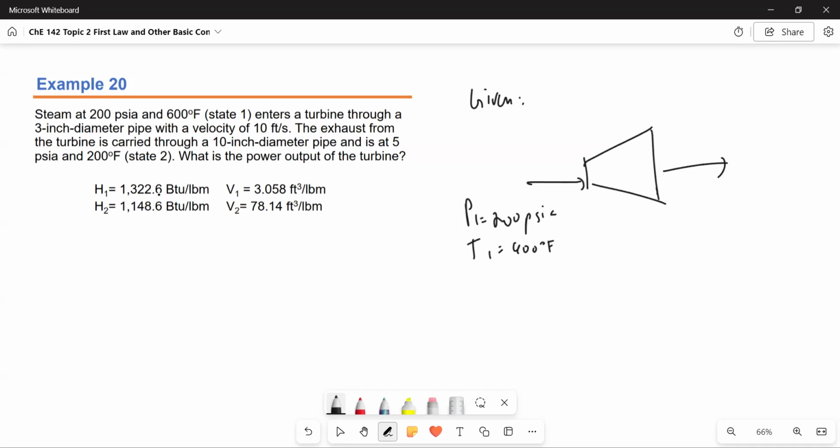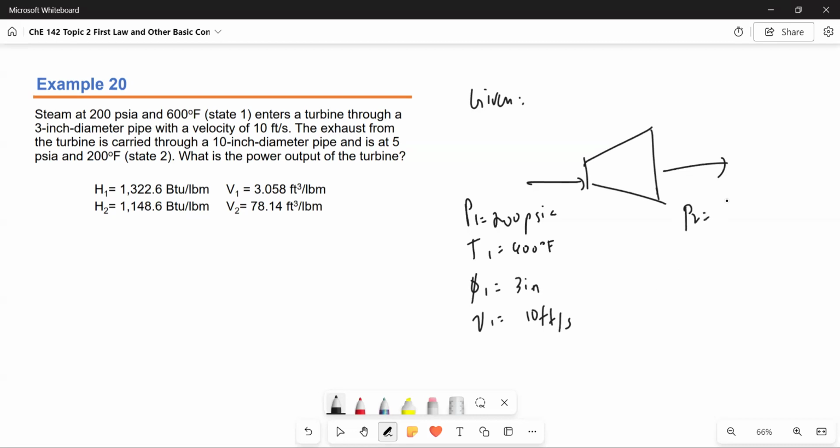The H and V are given. I will not write them anymore, just refer to the problem. We are also given the diameter, 3 inches, and the velocity, which is 10 feet per second.